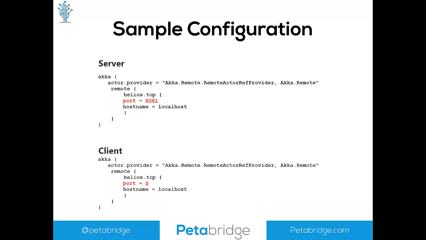One thing you'll notice is that in both the server and the client in this sample, the Akka.Actor.Provider is set to this fully qualified type name here, the Akka.Remote Actor Ref provider. The reason why this is a fully qualified name, FQN for short, is because Akka.Net will dynamically load this at runtime from the Akka.Remote library.